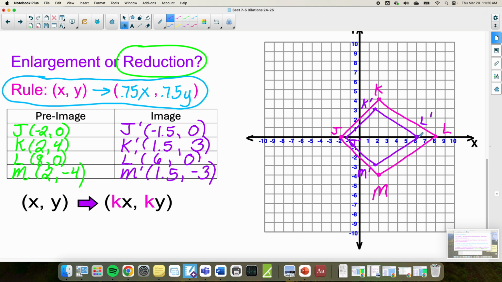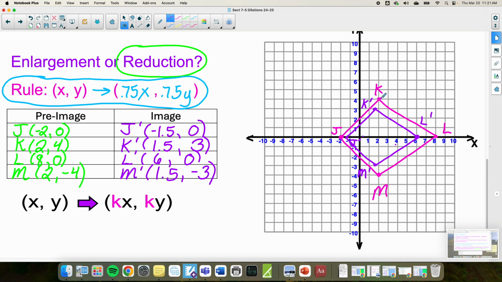Okay? Now, when you're done, do not think that the distance between the 2 figures has to be equidistant or equal distance around. The reason is, if you ever wanted to check your answers, you could think about, if I drew a line from the origin through K, would my distance from the origin to K prime be about 3/4 of the way?